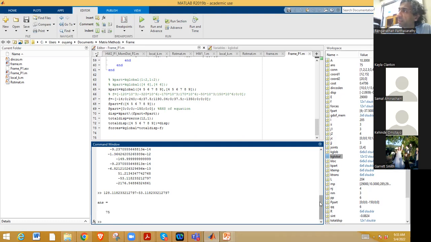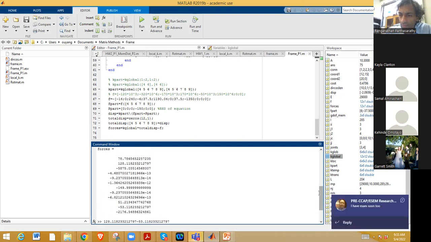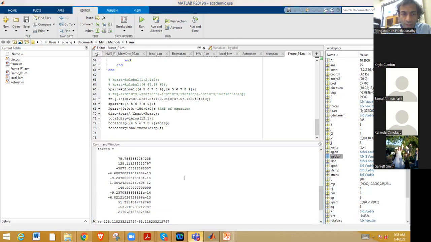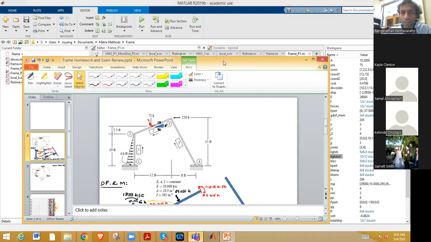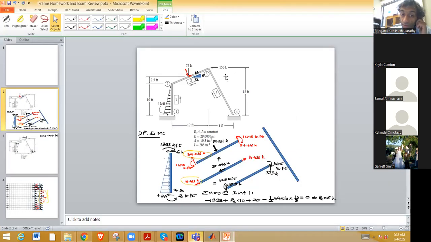That's fine. Now let's check horizontal. What's the total horizontal force? You have 150 to the left, and this thing is 1/2 of 4 times 10, so 20 to the right.